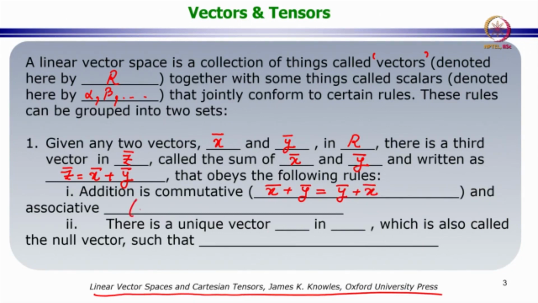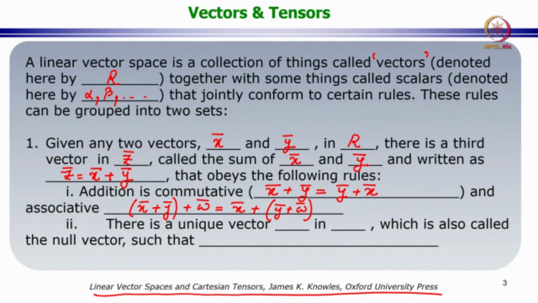So if you are doing x plus y plus another vector w, then this is the same as x plus the sum of y and w: you first add y and w and then add to x. So these are the commutative and the associative rules.